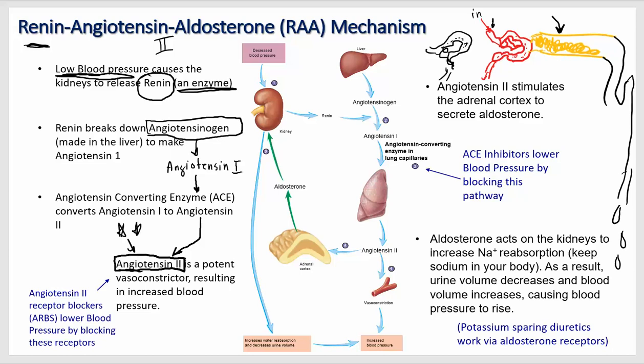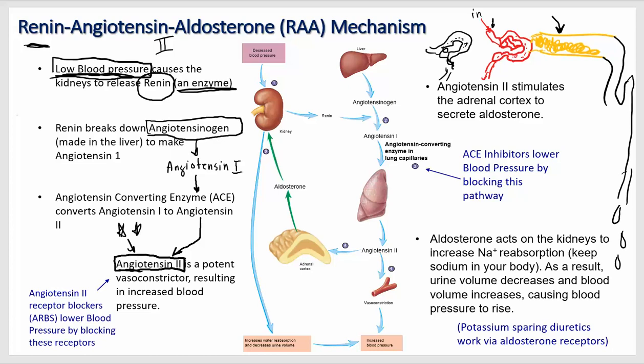We've got a whole slide talking about all the things angiotensin 2 does. It's a potent vasoconstrictor, so this is increasing blood pressure, which makes sense because we started out with low blood pressure. We activated this system, and now we have vasoconstriction, and a whole lot of other things start happening.